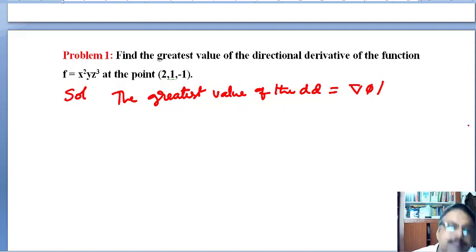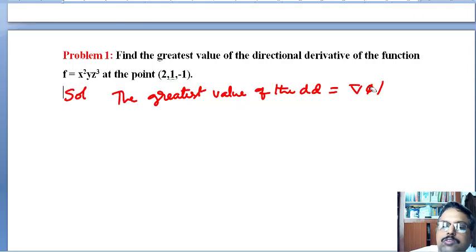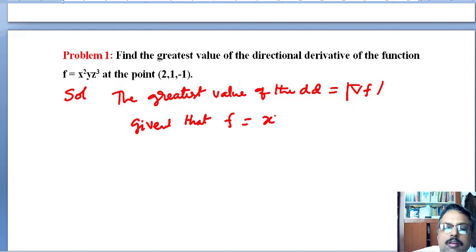Here the function f is given. Given that f equals x square y z cube.